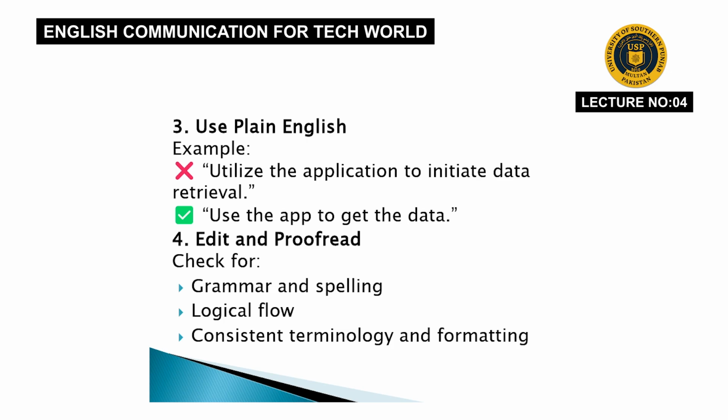For example, if you use a certain term or abbreviation in one section, it should be used consistently throughout the document. Careful editing improves both the quality and credibility of technical documentation.